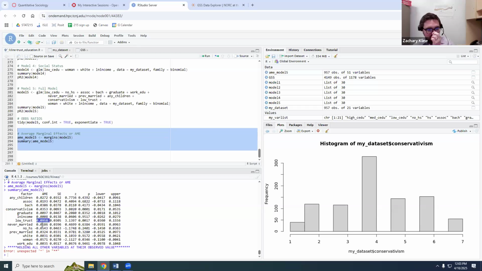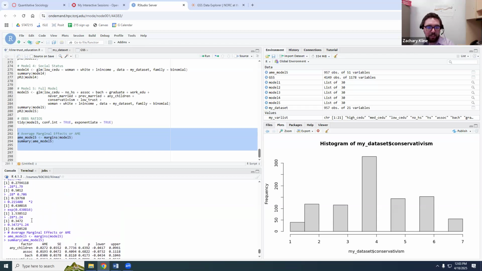Compared to those who do not have low trust, those who do have low trust are around 10% more likely. We expect them to be 10% more likely to have low confidence in education, holding all other variables at their observed values. So marginal effects are another way. What we mean is that this is from the baseline probability.